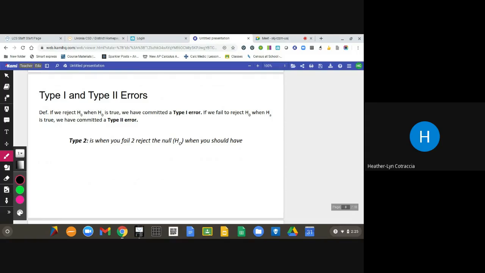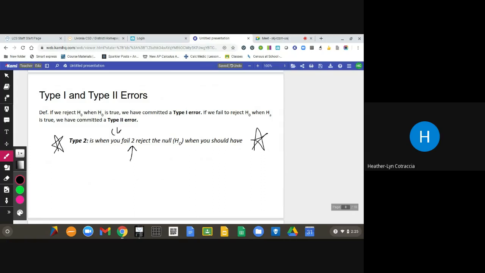Now, here's my trick for type 1 and type 2 errors. I always do the type 2 error first because I think that's the easiest, and then I go back and just do the opposite because that's going to be my type 1 error. For type 2, it's when you fail to, I did do that on purpose. I know that's not the correct English way to write that, obviously. But a type 2 error is when you fail to reject the null.